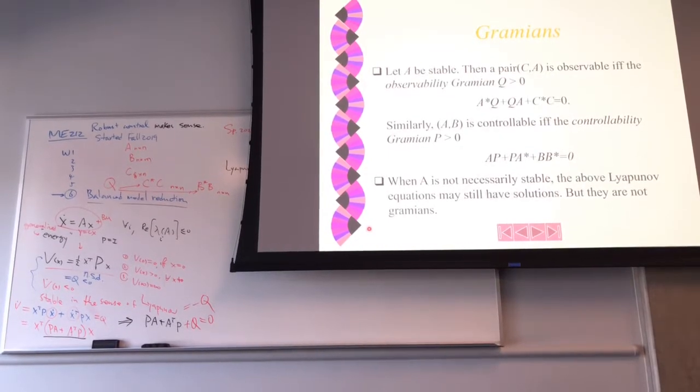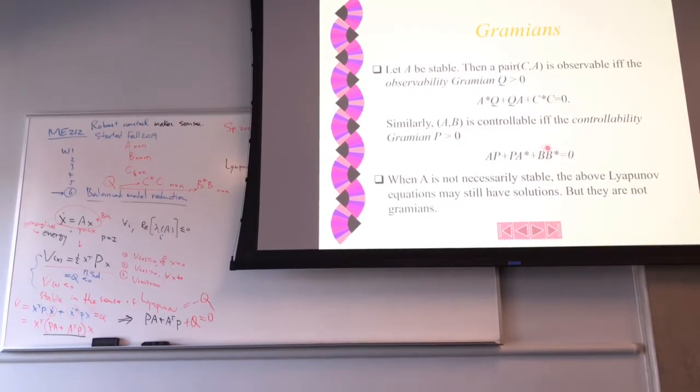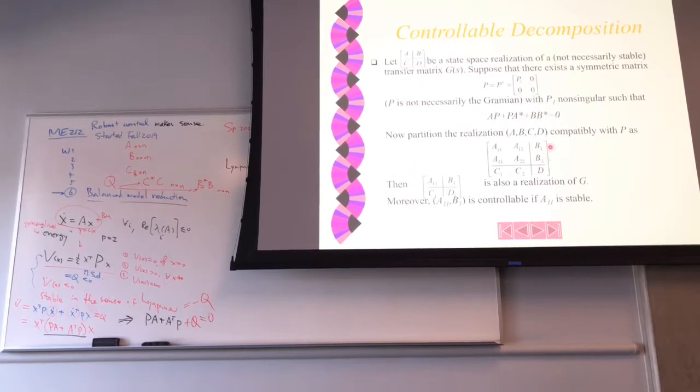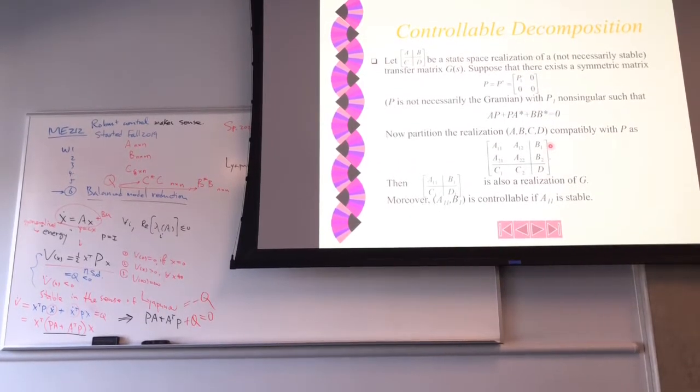Then there are two possibilities: one is you choose Q like this, one is you choose Q like that. So that's the basic idea.